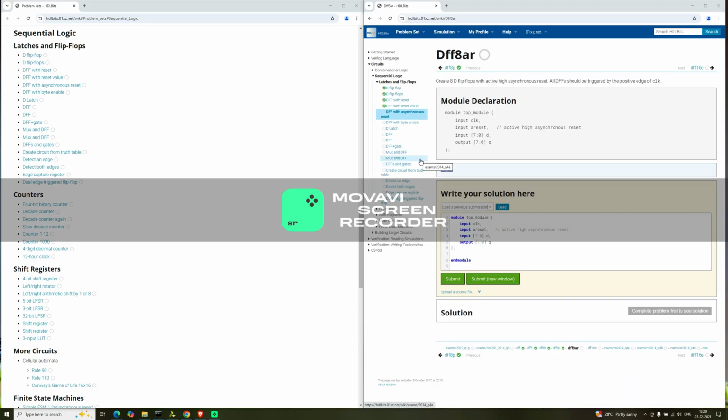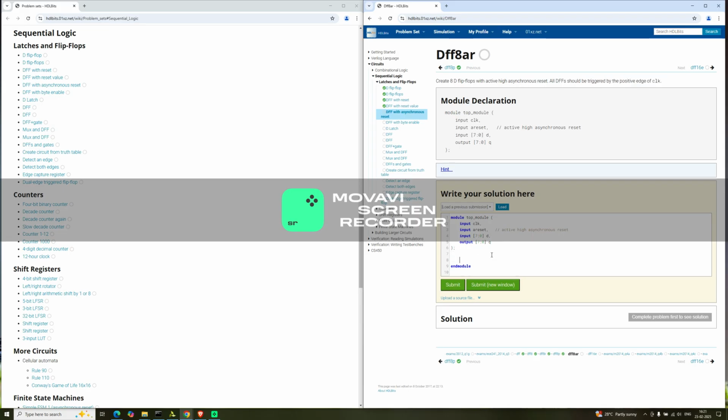Okay, so another variant of a D flip-flop is active high asynchronous reset, and all should be triggered by a positive clock. Two things change here. We have added asynchronous reset and we have to have a positive edge triggered flip-flop.